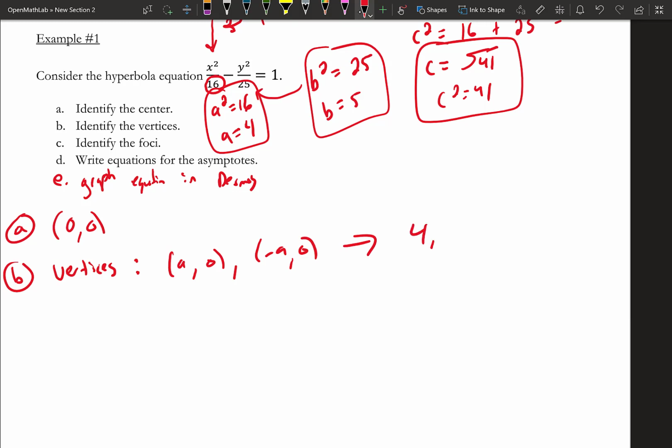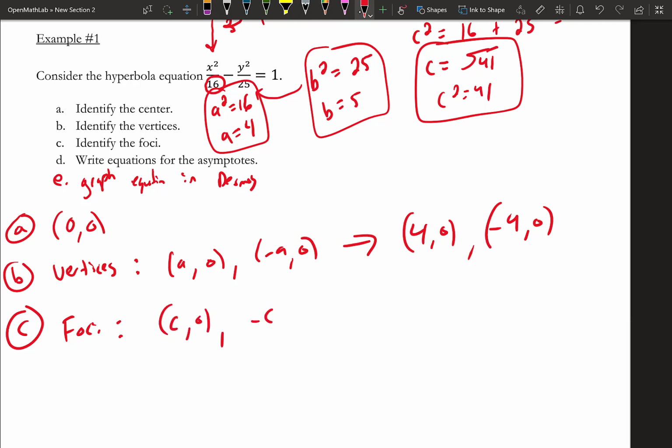So this would be 4 comma 0 and negative 4 comma 0, right? So not too crazy. Part C is we're identifying the foci. So with the foci, those are going to be in the form c comma 0 and negative c comma 0. So c is radical 41, so that would be radical 41 comma 0 and negative radical 41 comma 0.